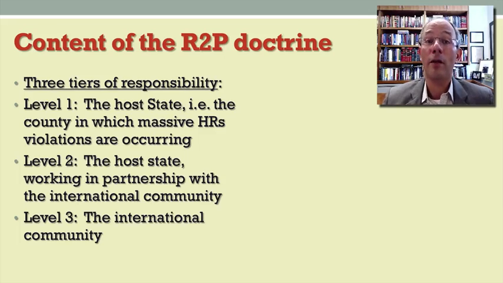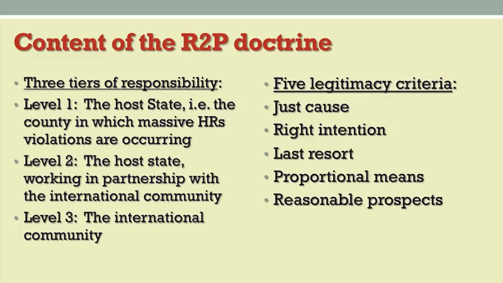Another component of the R2P doctrine, which is discussed by Gareth Evans, are the 5 legitimacy criteria. These criteria are put in place to attempt to narrow the circumstances in which humanitarian intervention under the guise of R2P would be appropriate. That is, you can't do it for a pretextual reason or for self-aggrandizement.